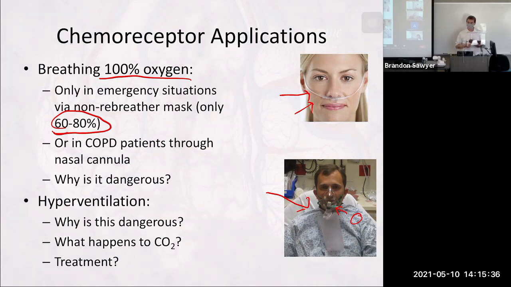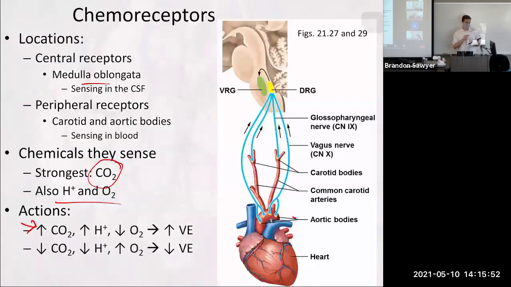The reason for that is breathing in 100% oxygen is dangerous, because it completely dilutes out the CO2 in your lungs, which can make your CO2 levels drop in your blood. If you don't have enough CO2 in your blood, and you go back to these chemoreceptors, if you don't have any CO2 there stimulating your chemoreceptors for you to breathe, you just stop breathing. And that's really what happens with hyperventilation, right?